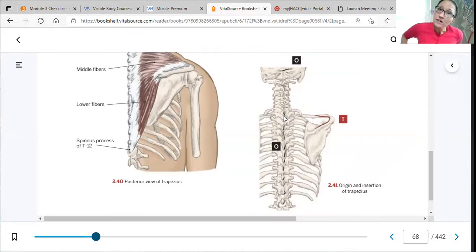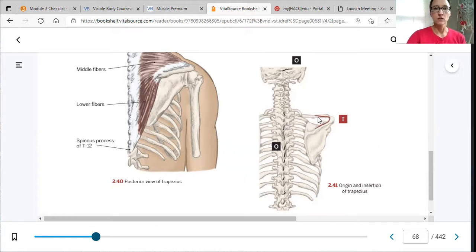They stick out a little bit, right? And if I turn my skeleton around, you can see the spinous processes stick out posteriorly. So when it says spinous processes, that's what it's talking about, the things that stick out posteriorly on the spine. The insertion is over here on the scapula and the clavicle.